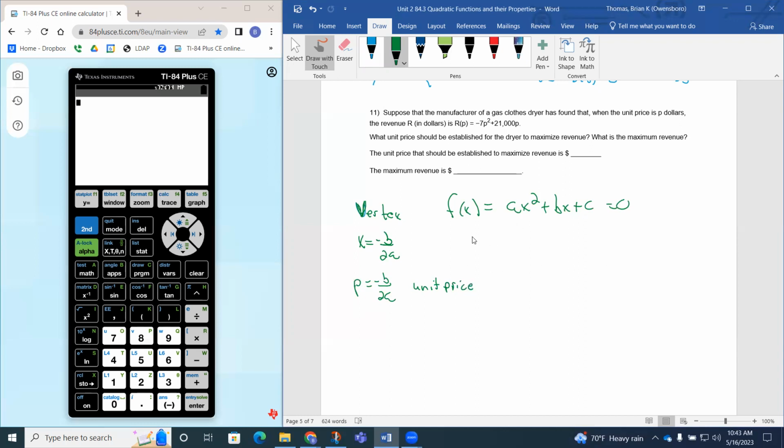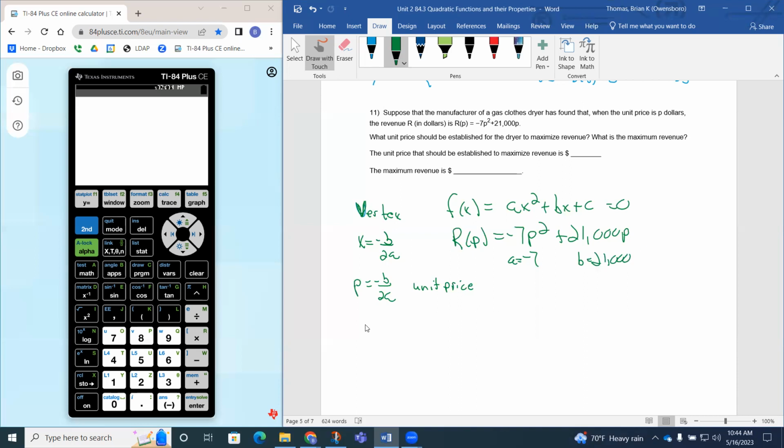So if we look at our function, R of P equals -7P squared plus 21,000 P. Notice how the quadratic term is the P squared, so the -7 is our A. Our B is the coefficient of the linear term, which is the P, so B is 21,000. There's no constant here.